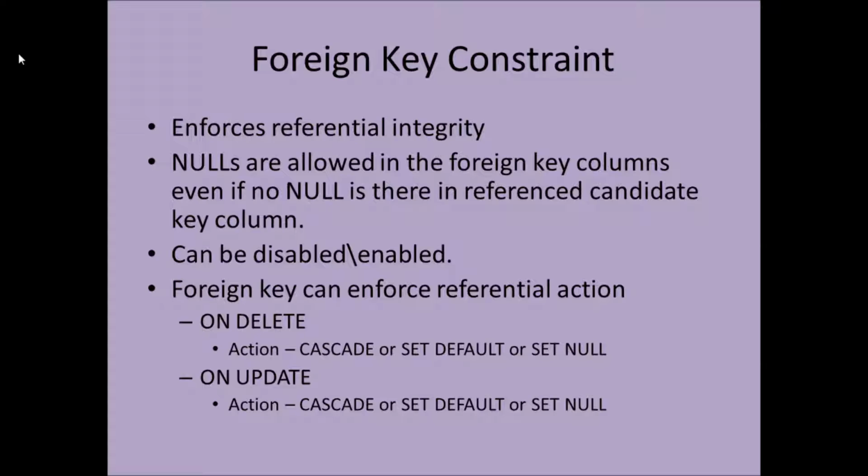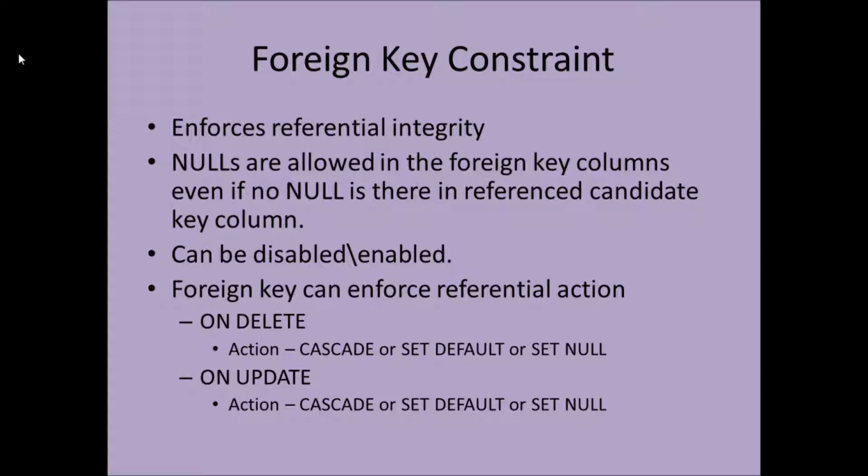The column on which we create the foreign key constraint refers to a candidate key of another table, which is called the referenced table. It means that only those values are allowed in foreign key columns which exist in the corresponding column of the referenced table.